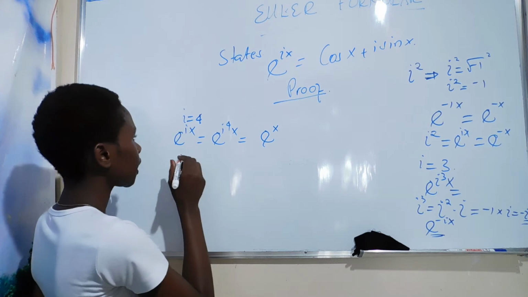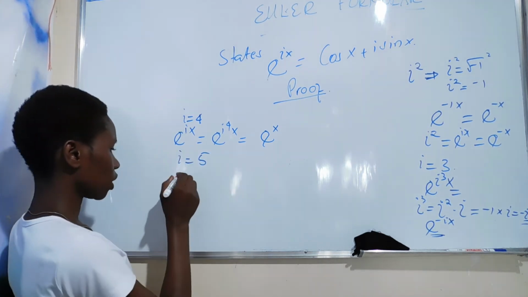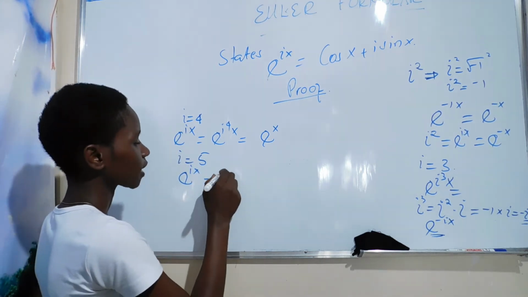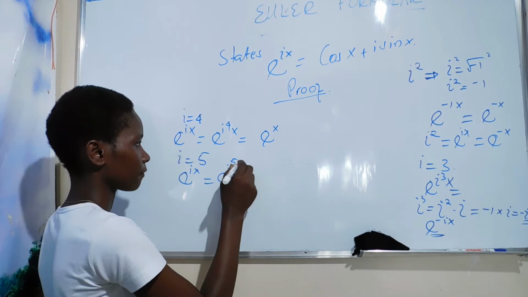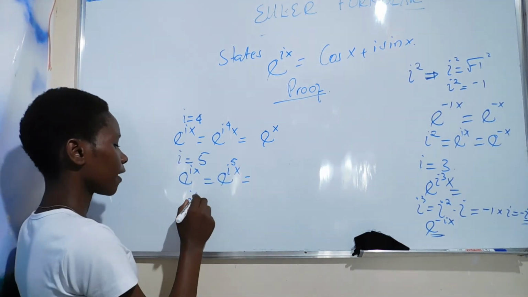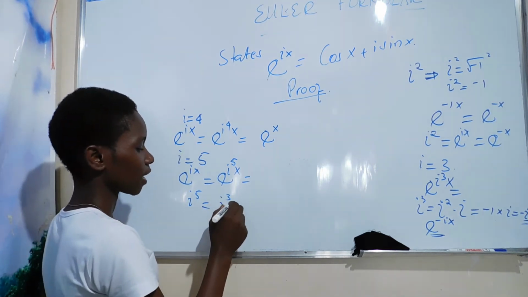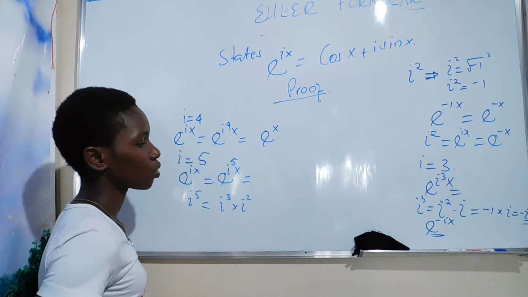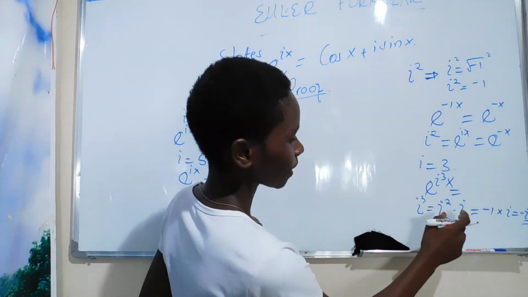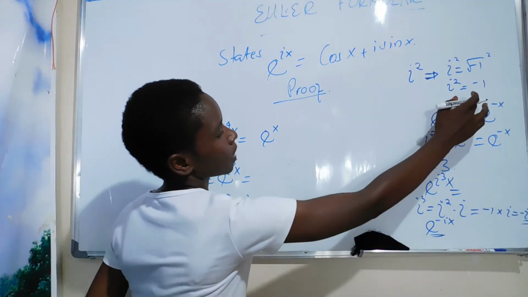Again, if I is equal to 5, then it comes to E I ya 5x, ambayo ni sawa na I power 5 ni sawa na mtu akiandika I3 times I2. I3 nilipofanya nikapata it is -I, and when it comes to I2 nilipata -1.